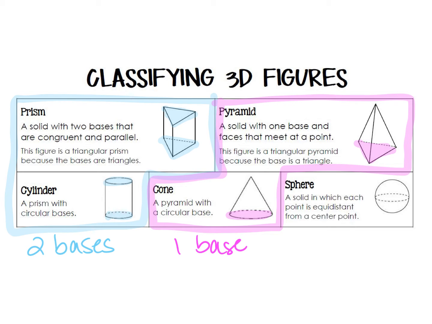Okay, so it has 1 base and the faces meet at a point up there, right? And so again, a cone is just a pyramid with a circular base. We know circles act a little different, so they kind of get their own names for things. And then lastly, there's a sphere, which has no bases, and each point is equidistant from a center point, in all 3 dimensions.